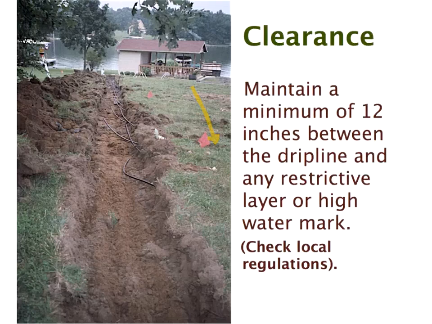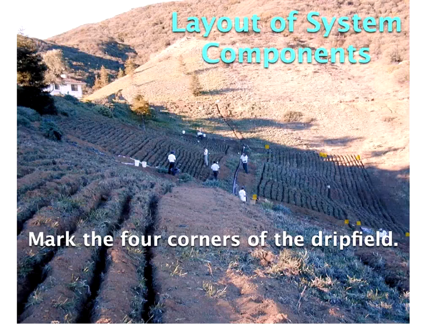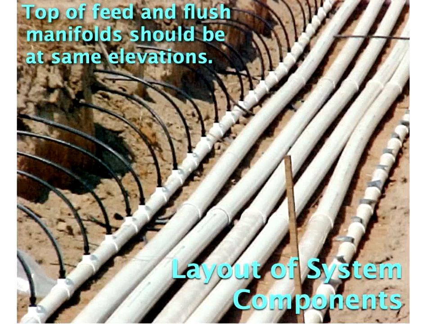And we're using the word approximately. I mean, you don't have to get out any fancy instruments and start measuring it, but you want them to be visually at the same height. And here again you can see the manifold. And here this one's ready to go off in this direction on the other side.